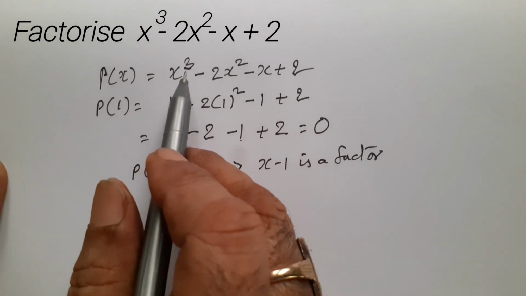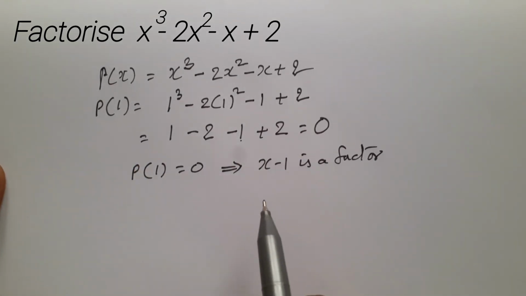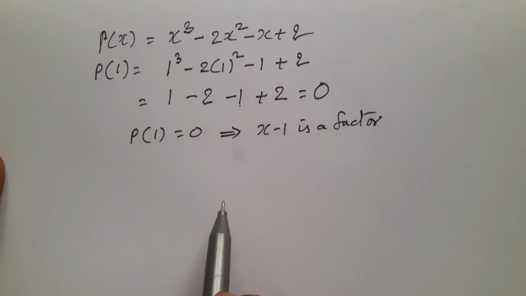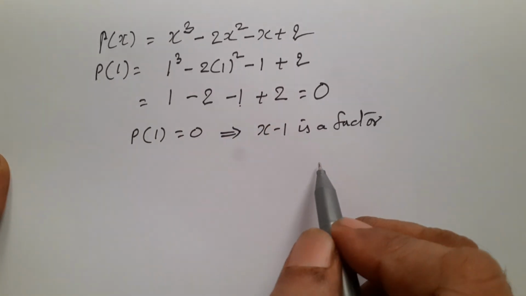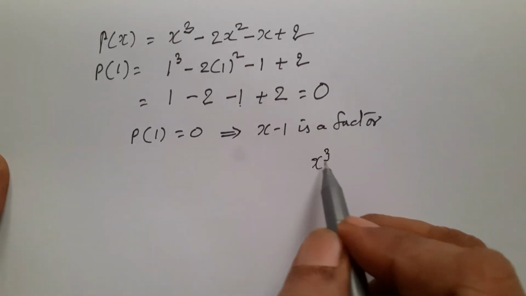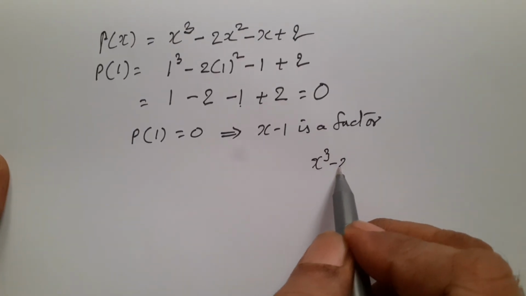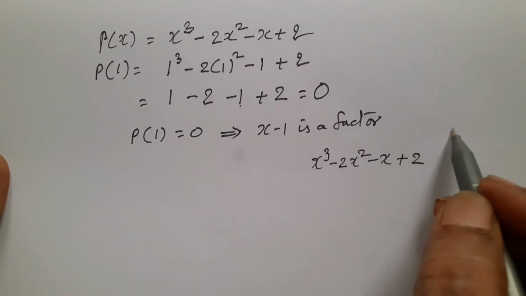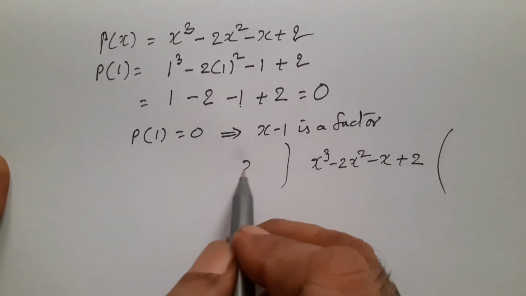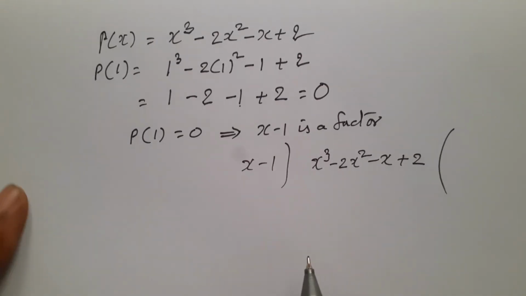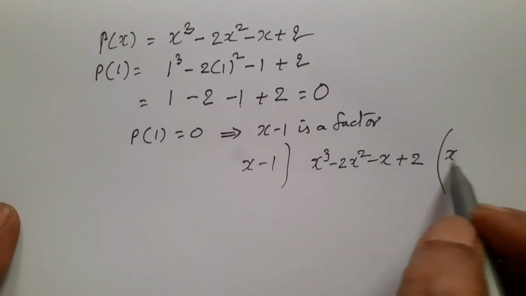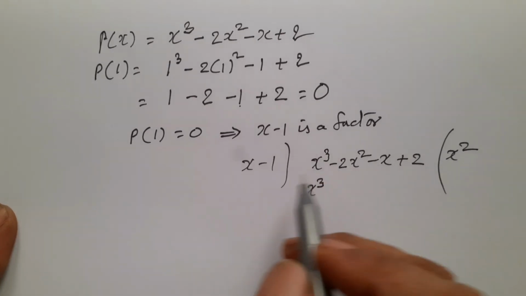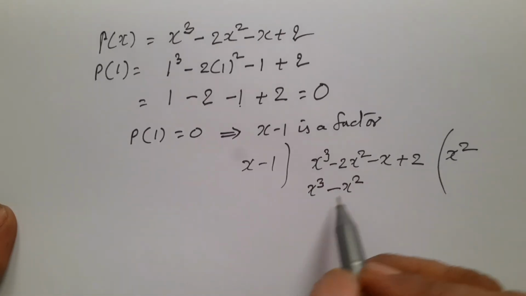Now the degree is 3, so we have 3 factors. One factor we got. To find the remaining factors, you divide x cube minus 2x square minus x plus 2 by x minus 1. First, x square times x minus 1 gives x cube minus x square.